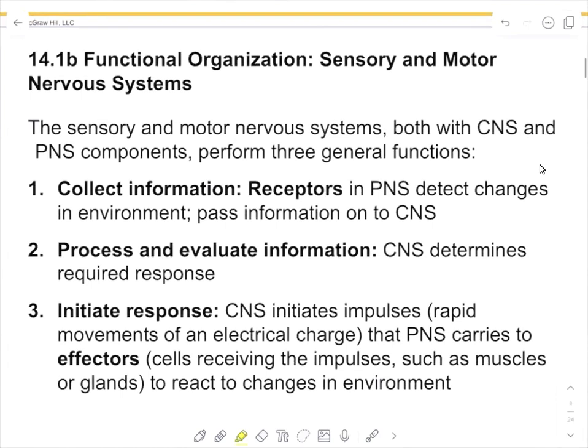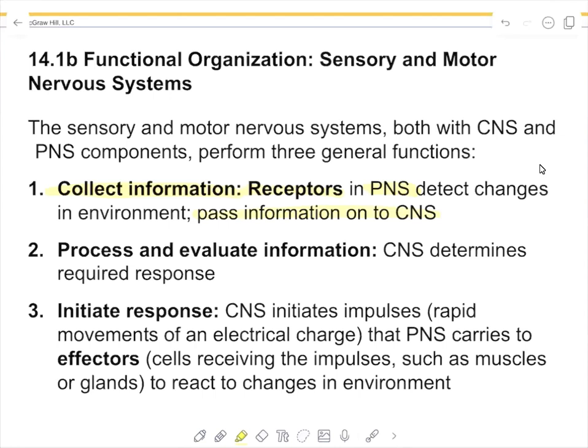For the functional differentiations, we have three major functions, the first of which is to collect information, and that would be the job of receptors that are in the peripheral nervous system. They detect stimuli, changes that occur in the environment, and pass that information on to the central nervous system, the brain and the spinal cord.